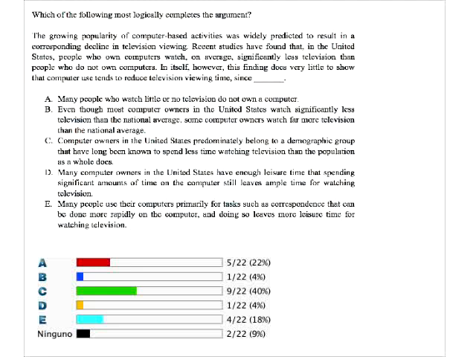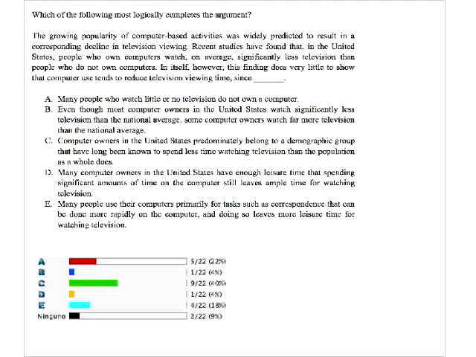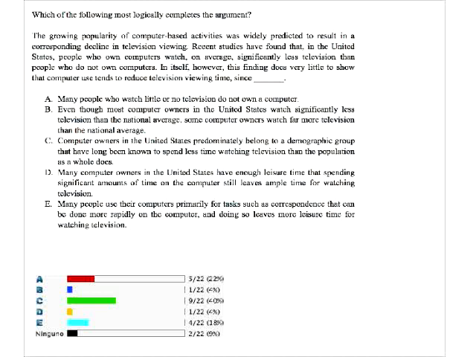The growing popularity of computer-based activities was widely predicted to result in a corresponding decline in television viewing. So this was a claim. People thought this would happen. Fact: recent studies have found that people who own computers watch significantly less television than people who do not.